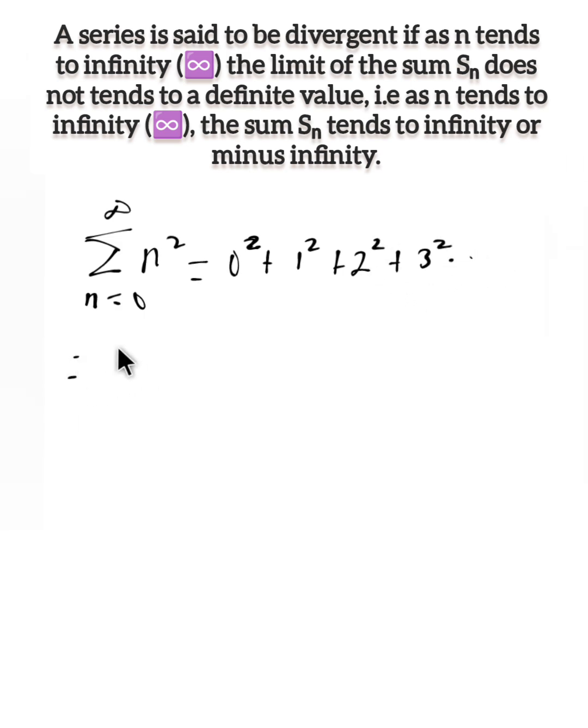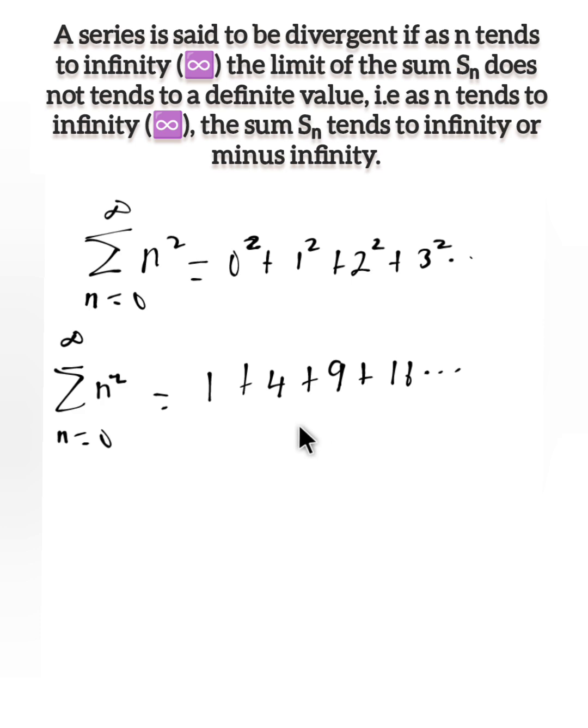So if we were to express it out, the summation of n squared from n equals 0 to infinity is equal to 1 plus 4 plus 9 plus 16 to infinity. Now, as n is getting bigger, is this sum tending to infinity or is it tending to a particular value? Let's find out.